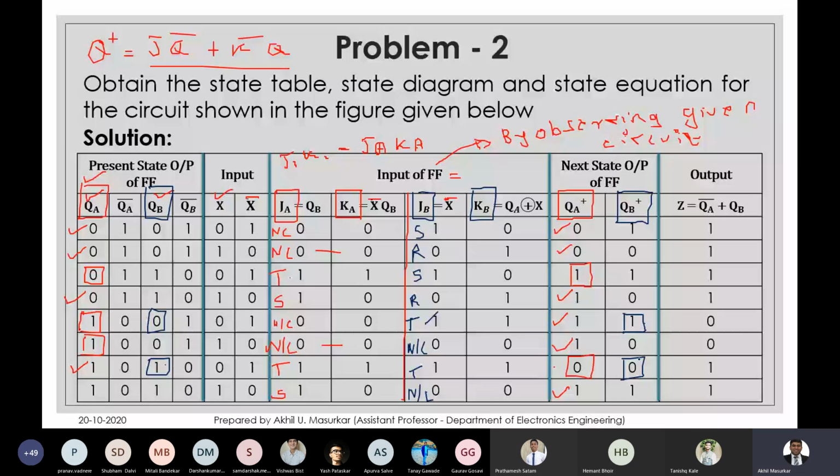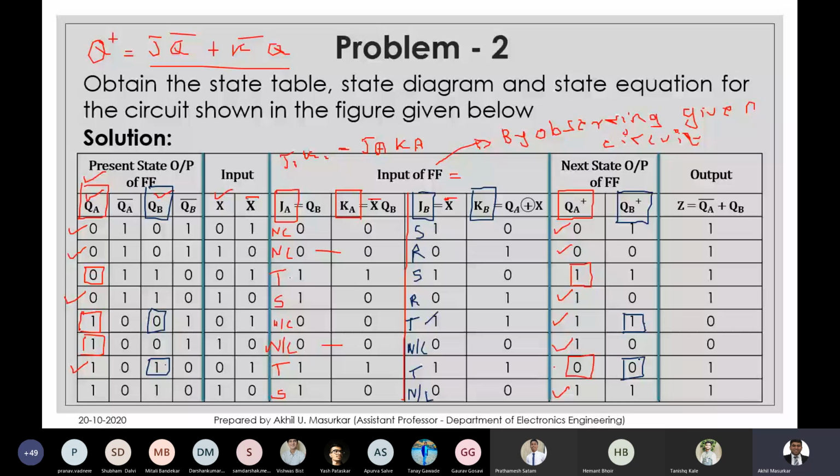And similarly, JB is X bar, KB is QA XOR X. And Z directly QA bar plus QB. So it's just an OR. Any doubt in this, please ask.